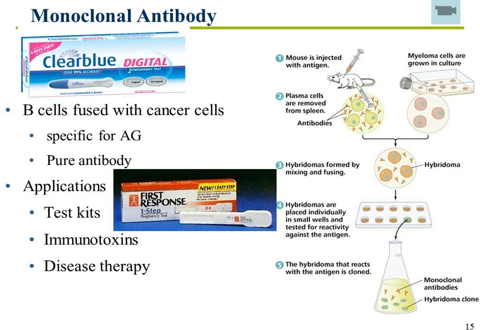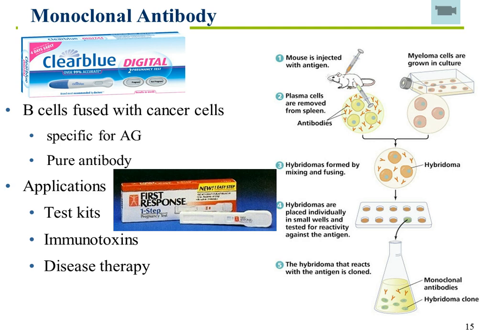You add those B cells to cancer cells, not cancer cells of humans, not anything to do with that, but cancer cells that can be grown in culture called myeloma cells. And the cancer cells and these turned on, activated B cells will fuse together, forming cancer cells that now will be making pure antibody against one particular antigen.